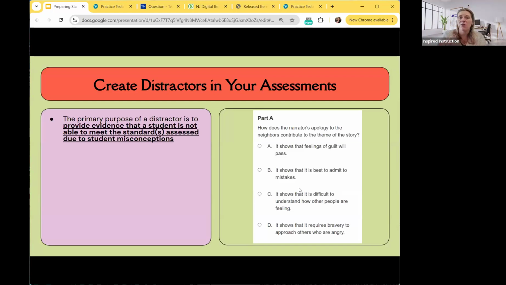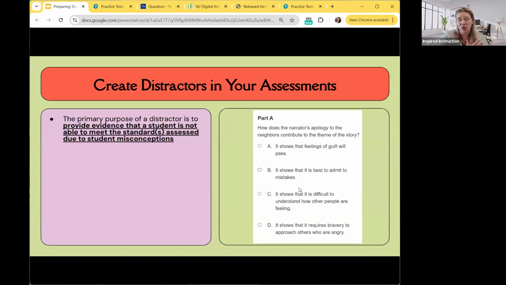The primary purpose of a distractor is you basically have the one or two answers that are not right, but the only way the student is going to know that it's not right is if they truly comprehended what was expected of them. So the purpose of a distractor is to provide evidence to you as an educator that the students fully comprehend the standard that they are being tested on.